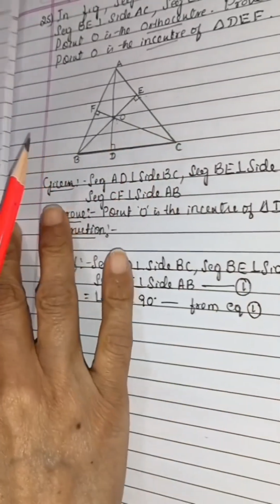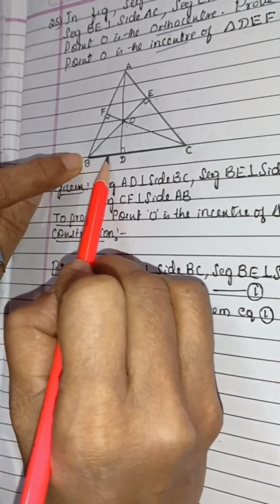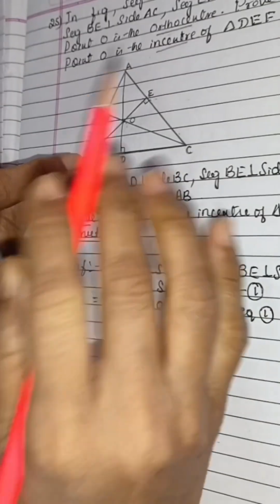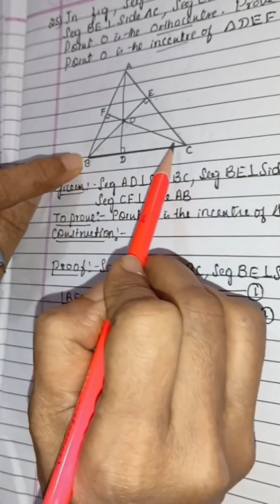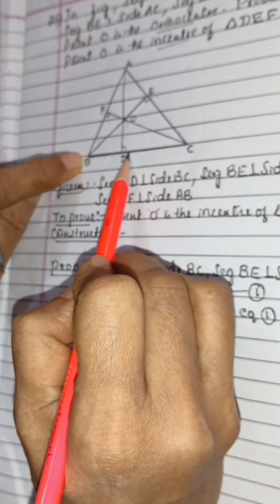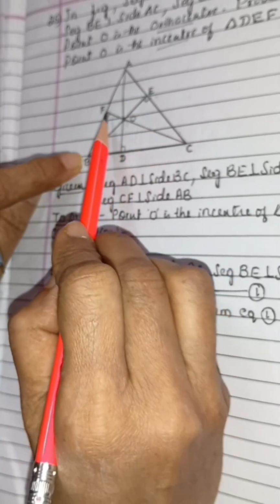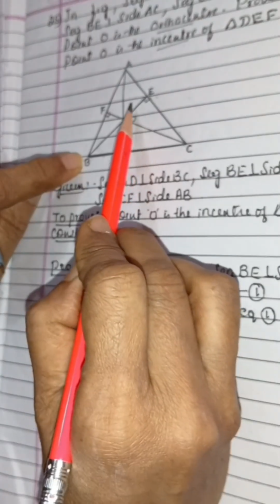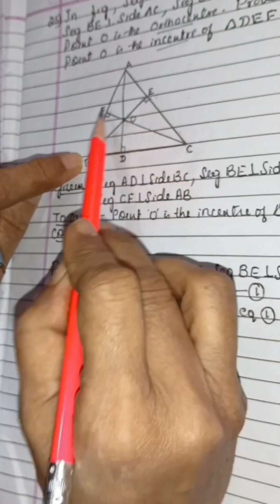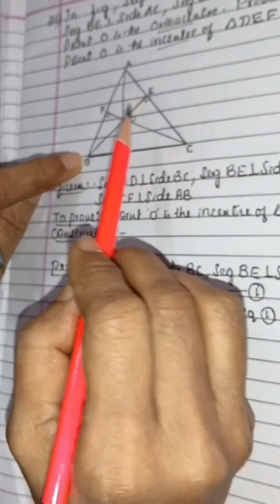So, now do you remember, see, these are 2 points B and C. There is a theorem. If 2 points on a same line subtend equal angles at 2 distinct points which lie on the same side of the line, then those 4 points are concyclic. Do you remember this statement?